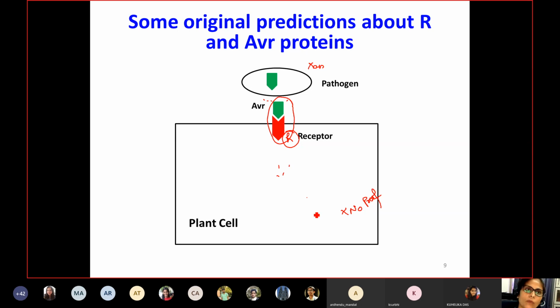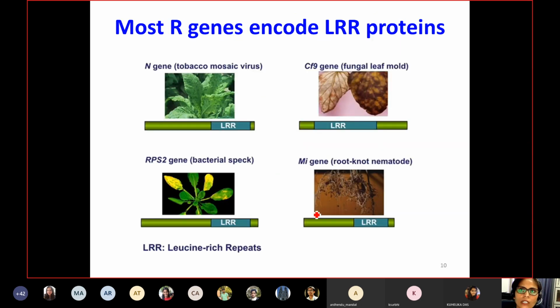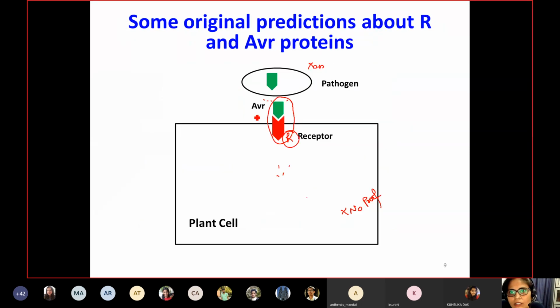So, what they found, they started looking closely into the R gene as well as the AVR gene. When we study AVR here, we will see that this was not true, and the receptor signal, which they initially proposed should be present at the membrane, was also not true.